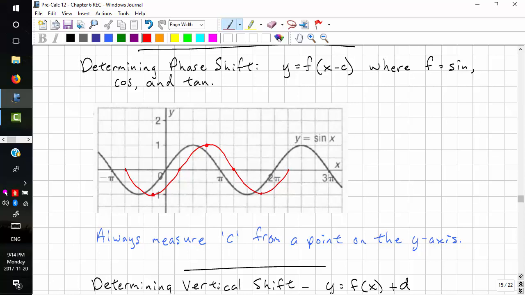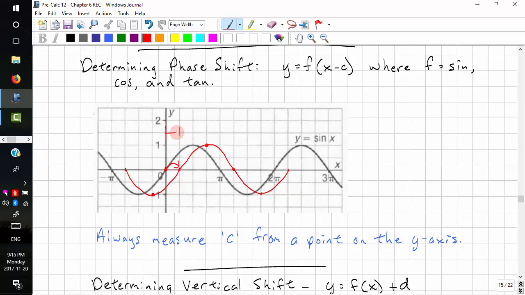Next, determining the phase shift. We have the form y is equal to f of x minus c, where f can be sine, cosine, or tangent. And we have the base function sine x. And here we are looking at the red one, and we want to determine what the phase shift is. We have to go from the center line going up to the center line going up.